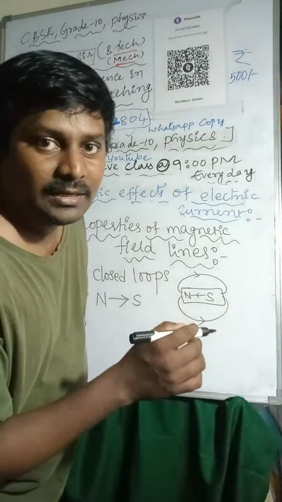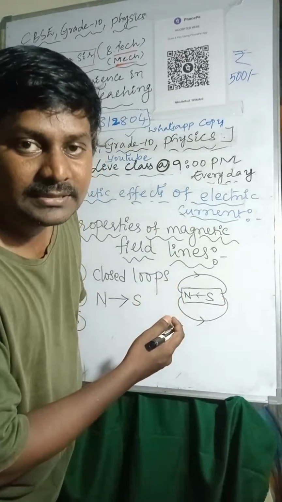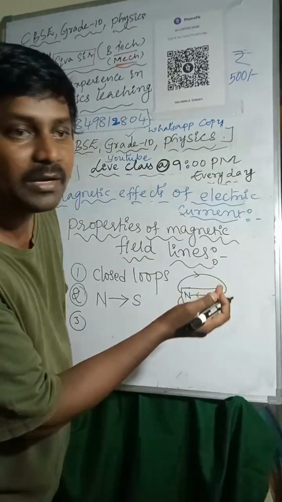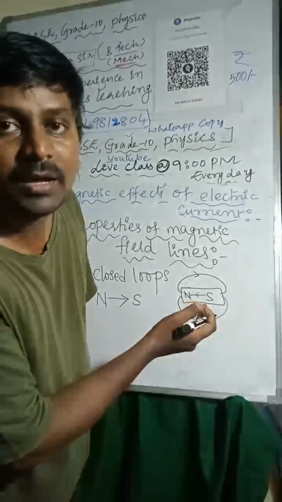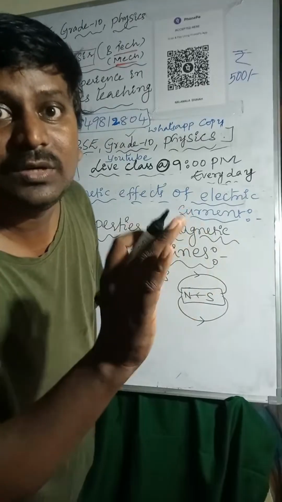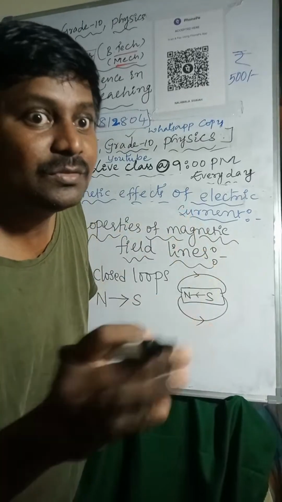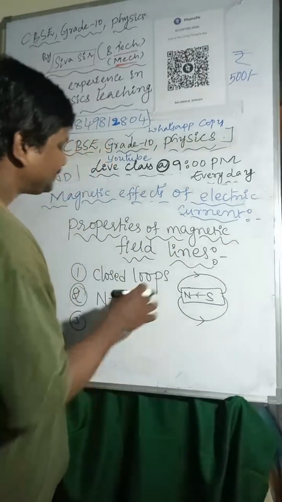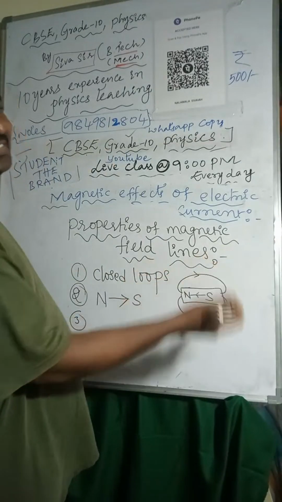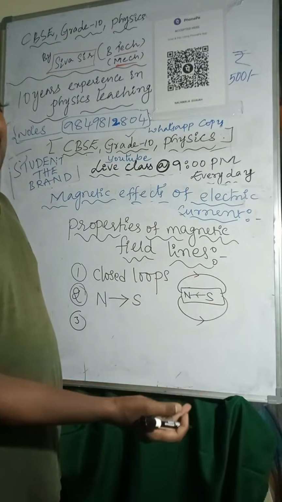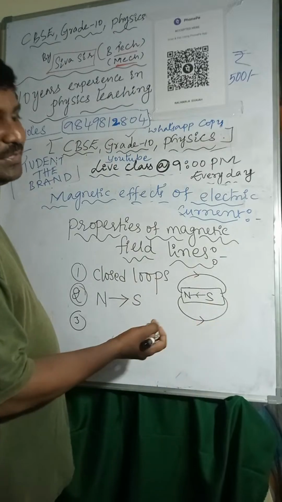Are you understanding? The magnetic field lines direction outside the bar magnet is north to south. Inside the bar magnet it is south to north. Don't tell anyone. Keep it safe. So in the exam hall you will write it.